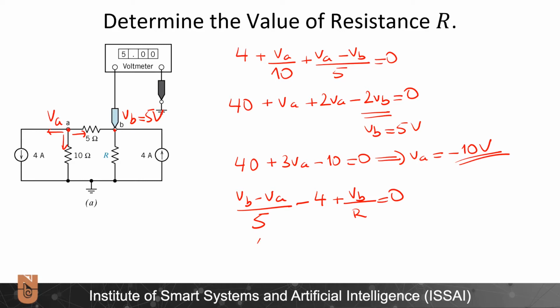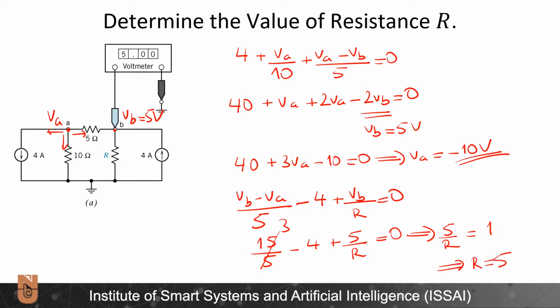So here I will have 15 divided by 5 minus 4 plus 5 over R, which is equal to 0. When I solve this, this will become 3. And I end up with 5 over R is equal to 1. And from here, I find R as 5 ohms. So basically, the value of the resistance is equal to 5 ohms.